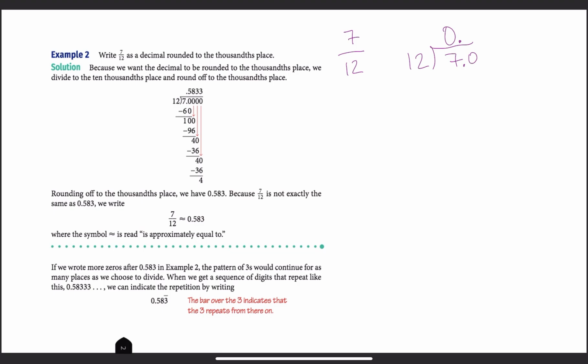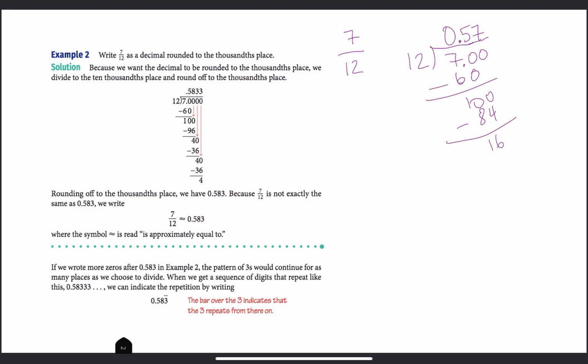So 12 will go into 70. Let's see. 5 12s would be 60. So that's 10 left over. And I could add another 0, and I could bring it down. And I could say 12 goes into 100. Probably 7 times, because 7 12s is going to be 84.